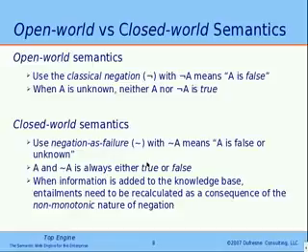So if A is unknown, then neither A nor not A is true. While the closed world semantic uses negation as failure, where not A means that A is false or unknown. Basically, not A means A is believed to be false, so that A and not A is always either true or false.